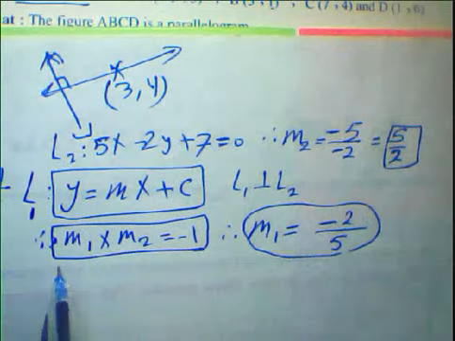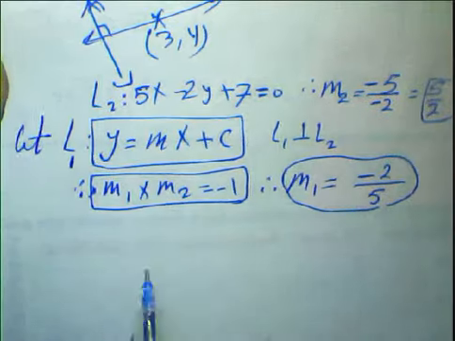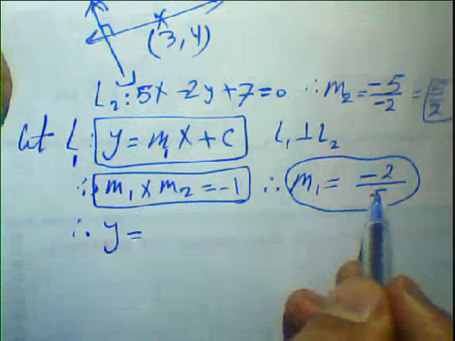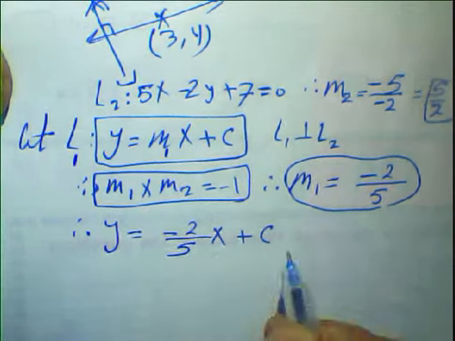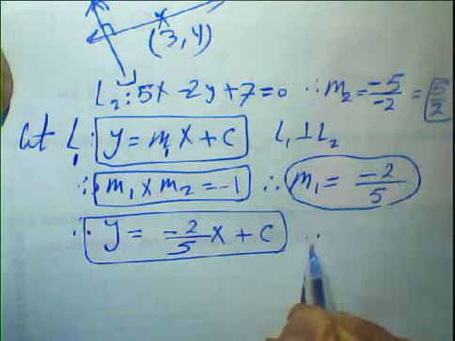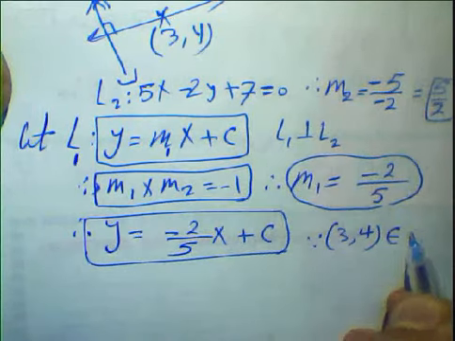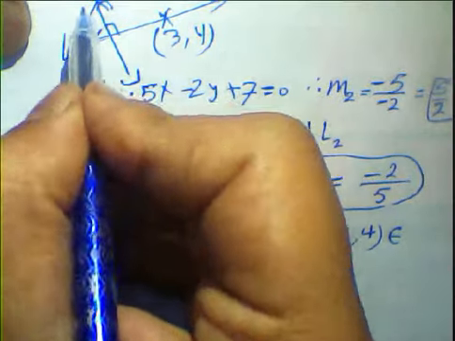So we can put in this relation about m1. Then y equal, we can cancel m1 here and write negative 2 over 5 multiply x plus constant. The point here, he gave us the point 3 and 4 belonging to a straight line. It was straight line L1 and this is L2.